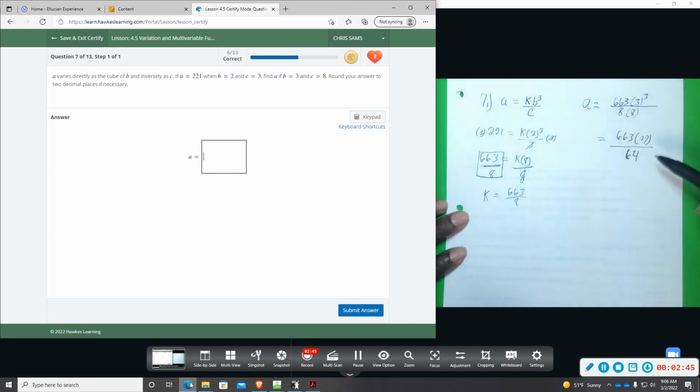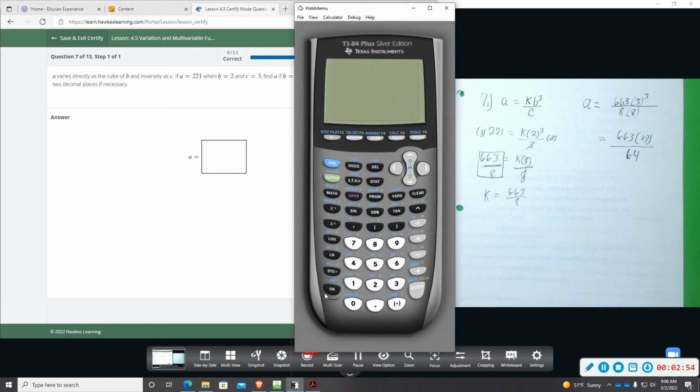Okay, so I'm going to put all this in the calculator, and we're going to round our answer to 2 decimal places. So let's turn this on. We're going to do parentheses. I'm going to put the whole numerator in parentheses. So 663 times 27, and then divided by 64.